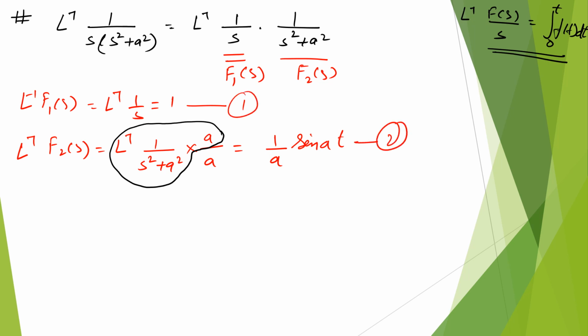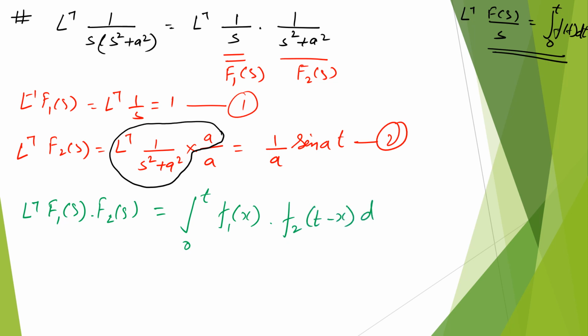Now, according to the convolution theorem, the Laplace inverse of F1(s) and F2(s) is equal to the integration from 0 to t. For the first function we replace t with x, and for the second function we replace t with t minus x, and dx, integration with respect to x.